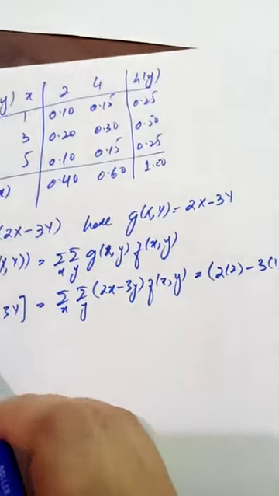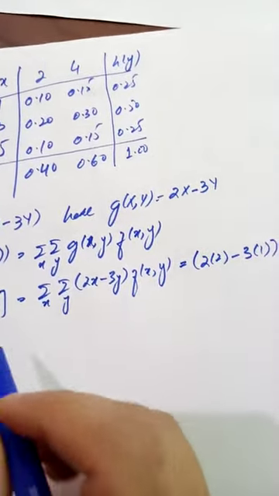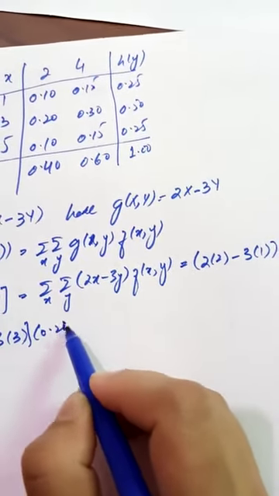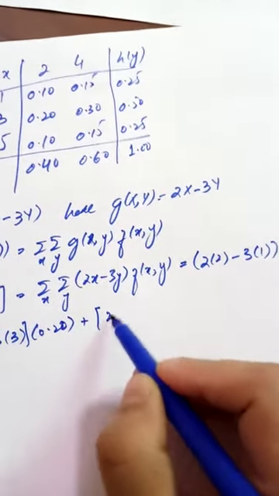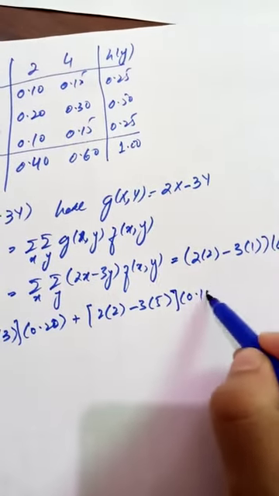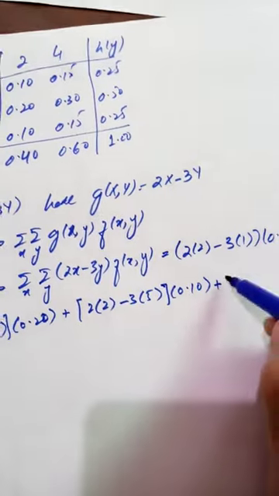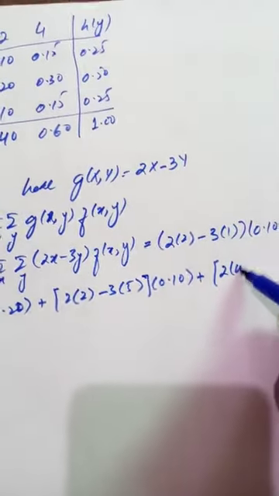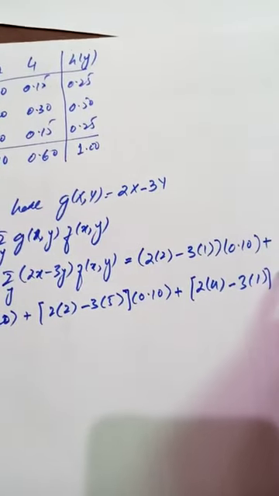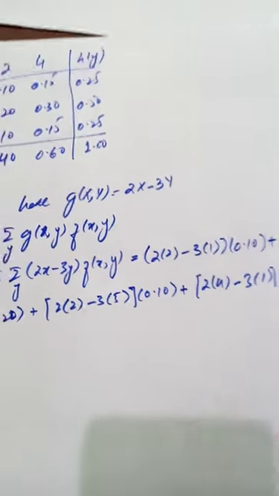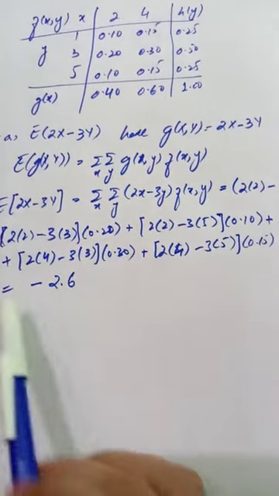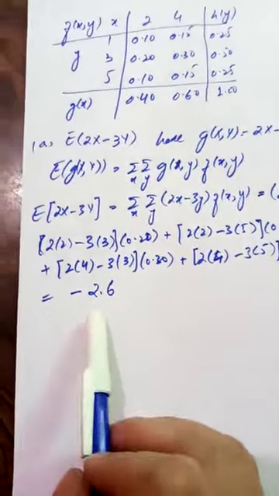Then when x is 2 and y is 3, the probability is 0.20, plus when x is 2 and y is 5, the probability is 0.10. Next, when x is 4 and y is 1, similarly, the probability is 0.15. We can write all the pairs in a similar fashion. Writing all the pairs and solving this, we get the expectation minus 2.6.